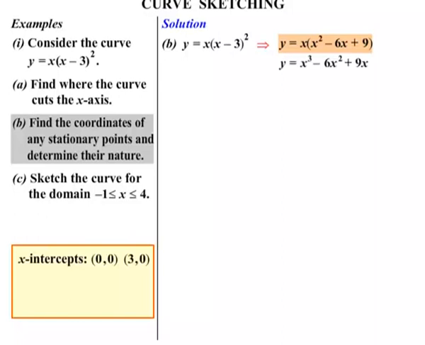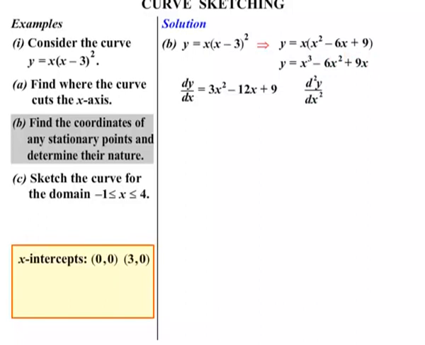We eventually get that y equals x cubed minus 6x squared plus 9x. Now, dy/dx. Well, the derivative of x cubed is 3x squared. The derivative of minus 6x squared is minus 12x. And the derivative of plus 9x is simply plus 9.